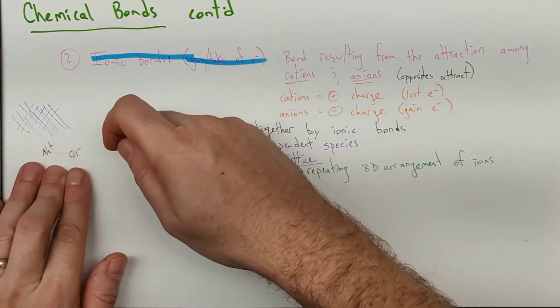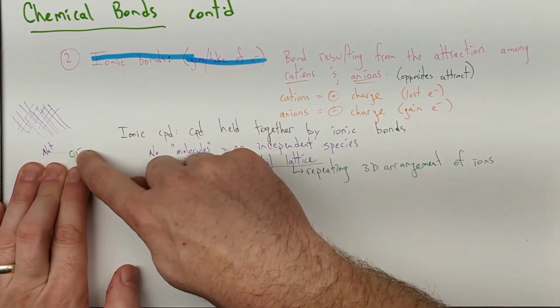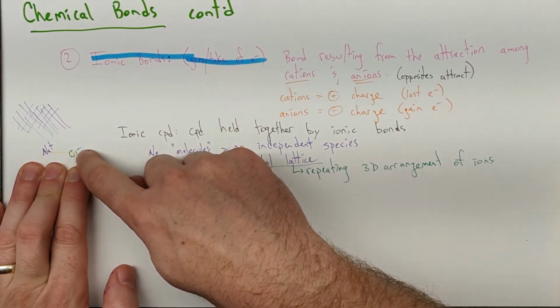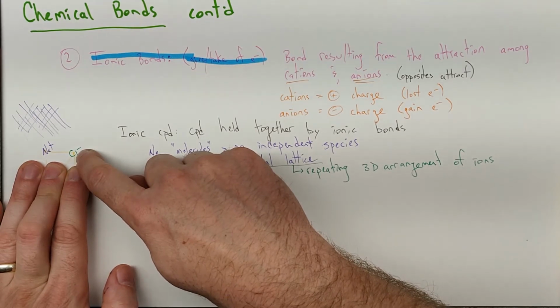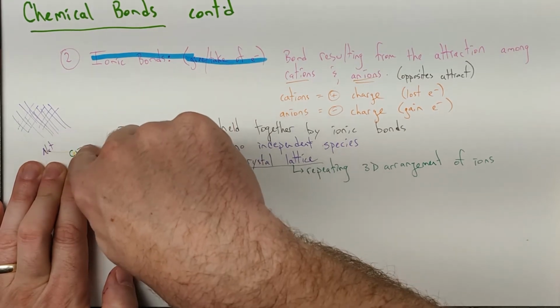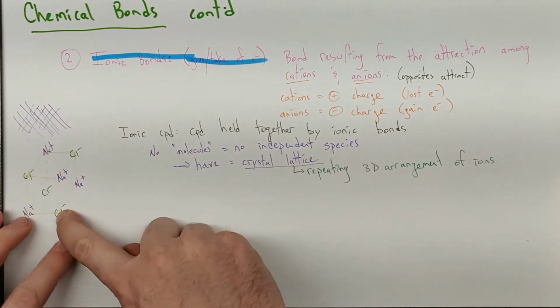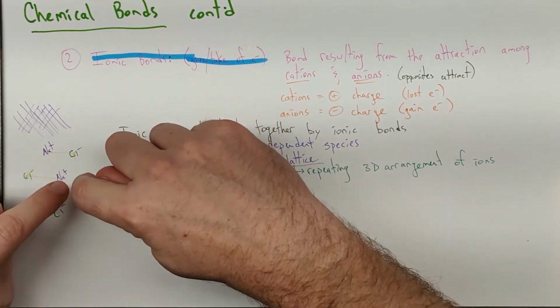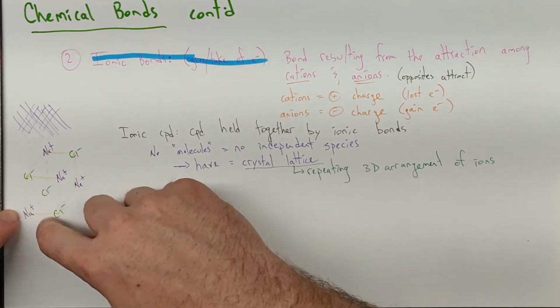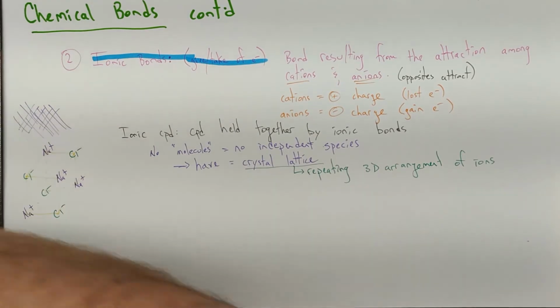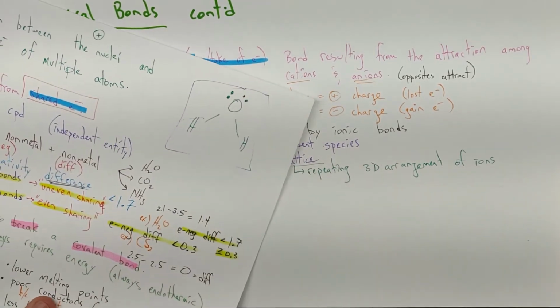This sodium is not just attracted to one chlorine, right? That's not how Coulombic forces work. Electromagnetic forces are in all directions. So this sodium is attracted to this chlorine, and this chlorine, and this chlorine, and this chlorine, but it is repelled by this sodium, and this sodium, and this sodium. So there, like with water, we had said 2 H's and an O. That is something.